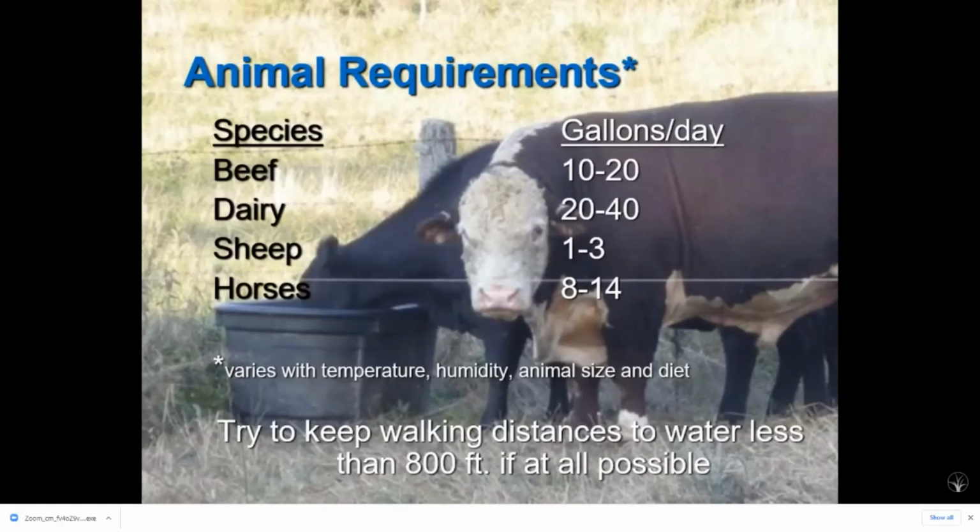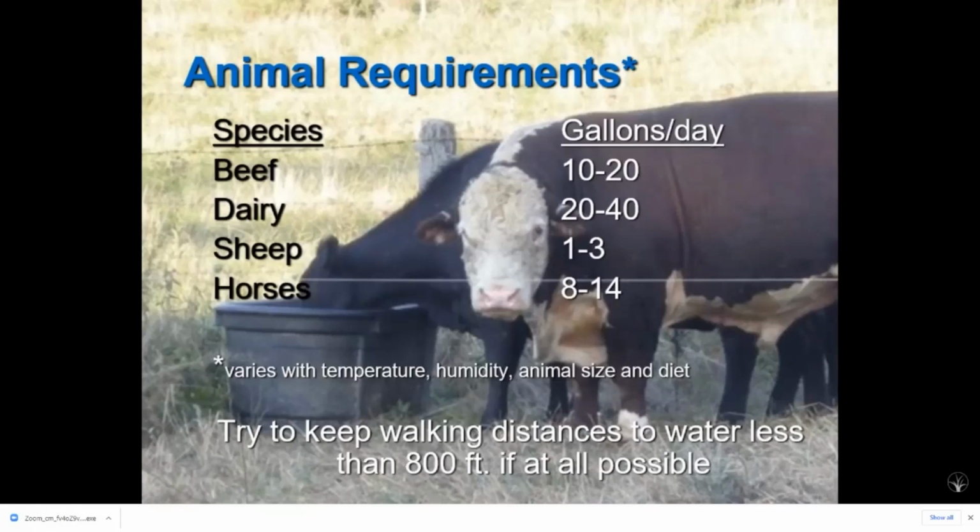With beef cattle, dairy cattle, and sheep, it even matters whether they're lactating currently or not. It's real important for us to realize how much water our livestock are actually going to consume. And in my business, where I'm sizing and designing water systems, I need to keep this in mind because I need to make sure that the delivery is enough water for the livestock.